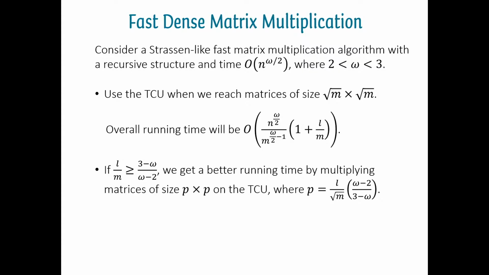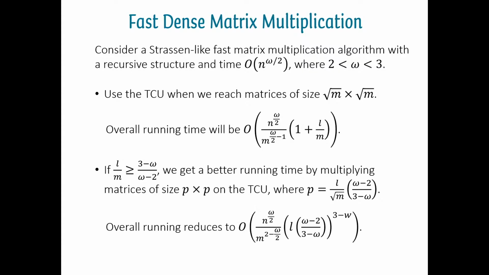If that is larger than that, then you can stop at p by p, where p is this, and that will give you this complexity. It looks weird and complicated, but this is really smaller than that. You can show that this will always be smaller than that, provided that holds. Is it clear? Right. So that's fast dense matrix multiplication.